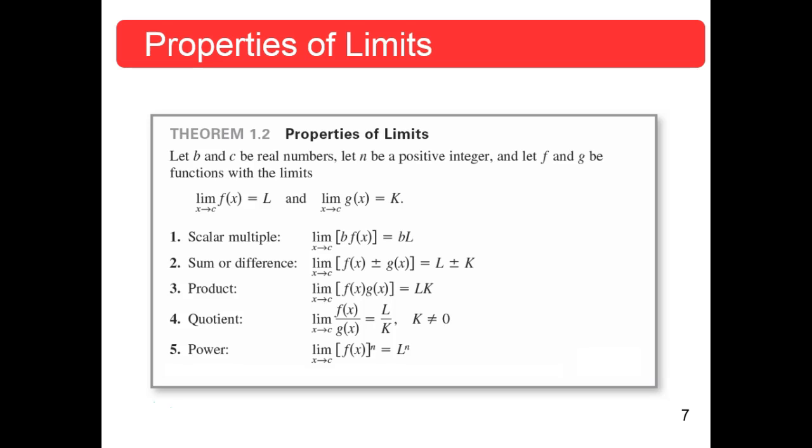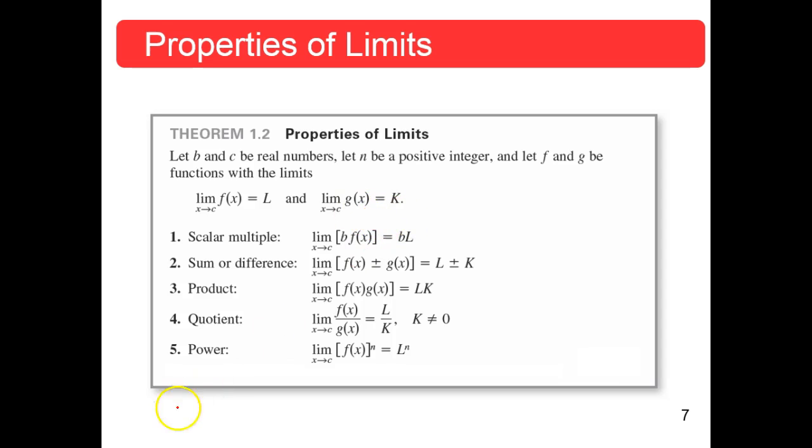Now the sum or difference. The limit of a sum or difference of two functions is the sum or the difference of their limits. And that kind of makes sense too, doesn't it? I wish they had put the middle steps in here. To me it would go down a little better.